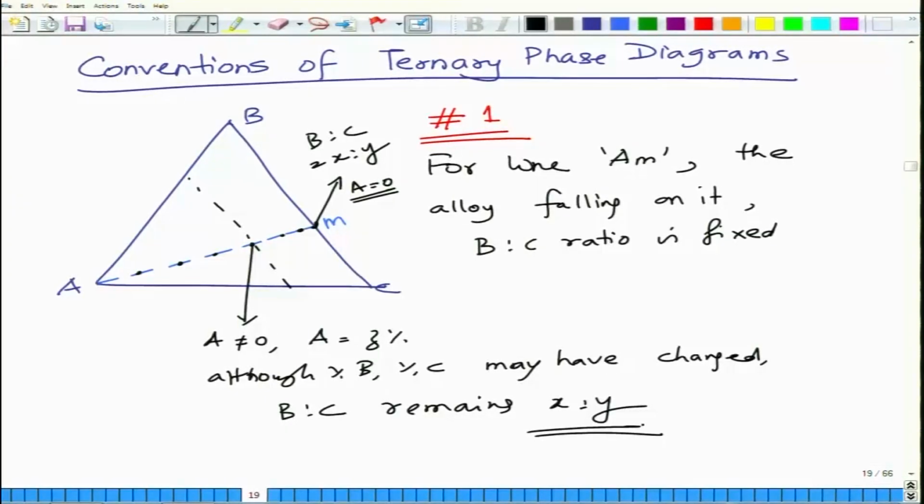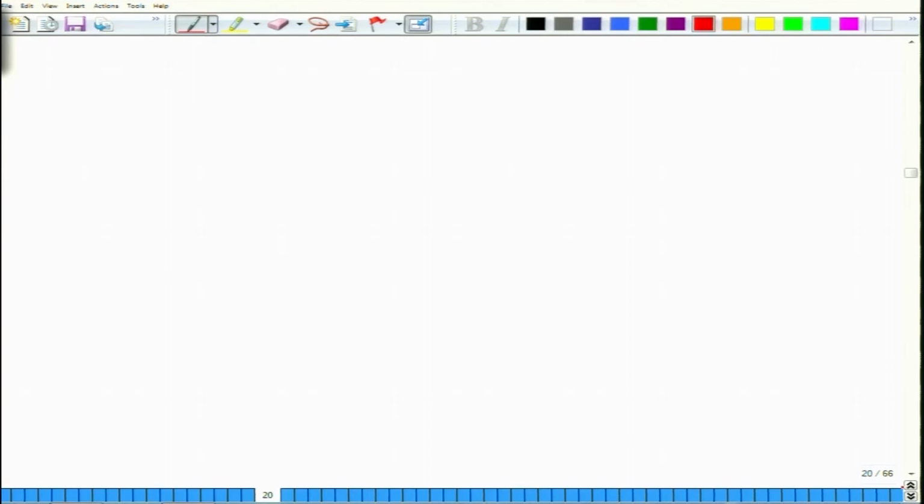So this is the first rule: if you have an alloy that falls on a line AM, where you start from one vertex of the equilateral triangle and the line ends at a point on the line in front of that vertex, then any alloy composition that falls on this line will have a fixed ratio of B and C. If we drew a line from here to here, then any alloy whose composition falls on this line will have a fixed ratio of A and C. So this is the first concept of the ternary phase diagram.